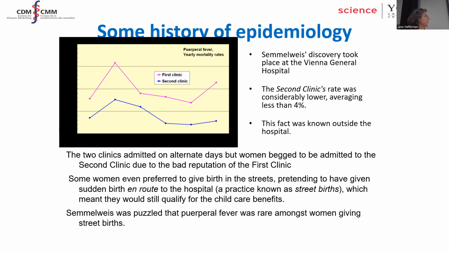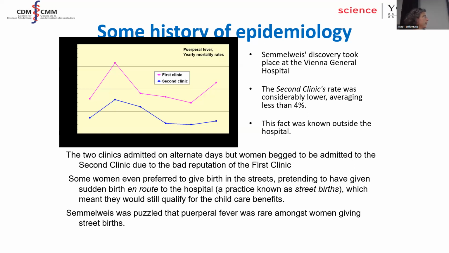Okay. Bad for them. Yeah. And so you can see that one clinic had a higher yearly mortality rate than the other one. And the first clinic that has the higher mortality rate is the one run by the doctors. The blue one is run by the midwives.